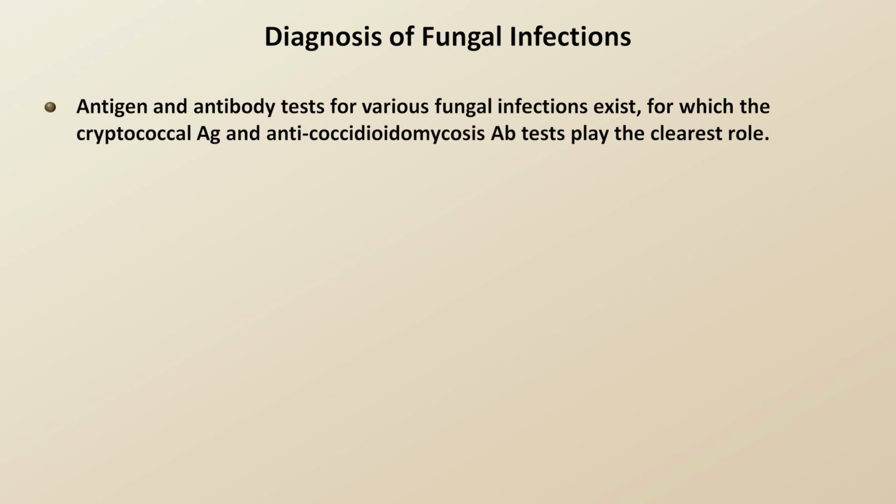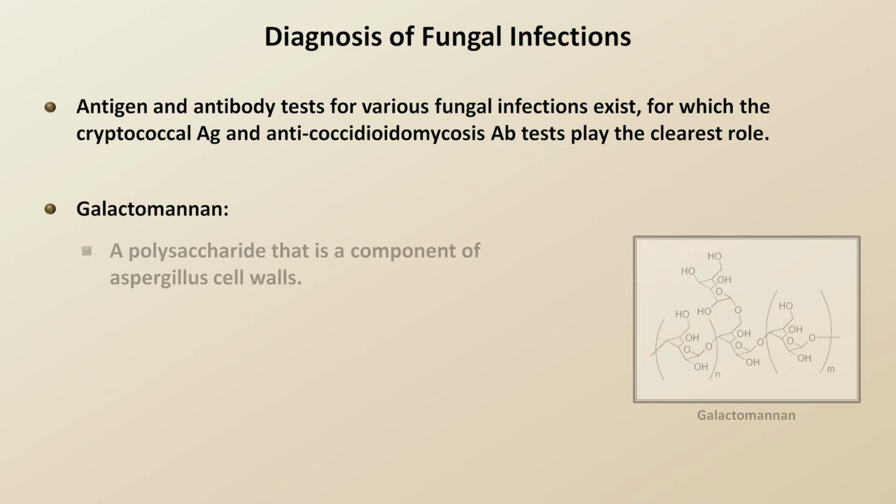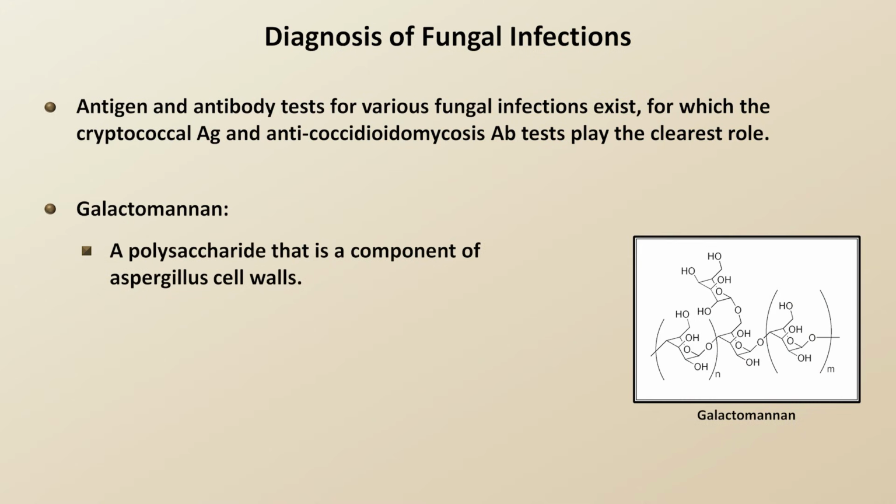In addition to microscopy and cultures, there are a few other types of tests out there. Antigen and antibody tests for various fungal infections exist, for which the cryptococcal antigen and anti-cocci antibody tests play the clearest role. And last, there is a test for something called galactomannan. Galactomannan is a polysaccharide that is a component of Aspergillus cell walls.